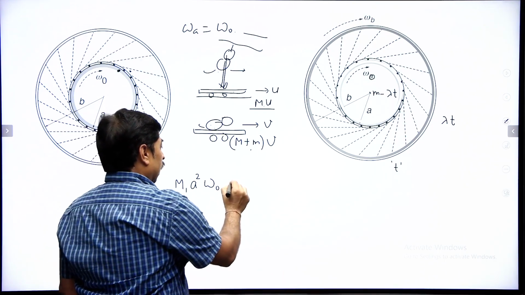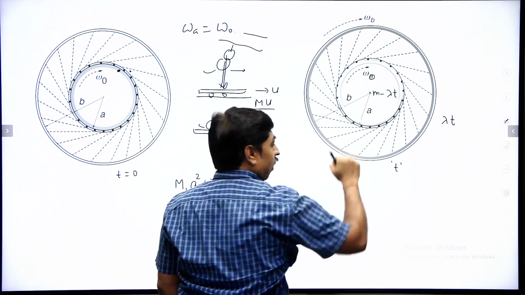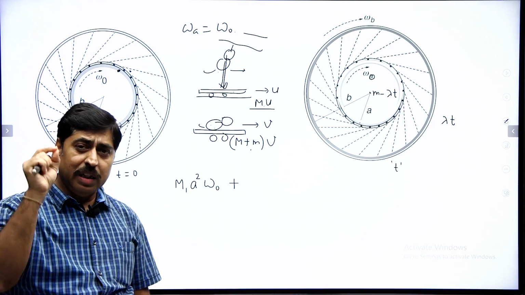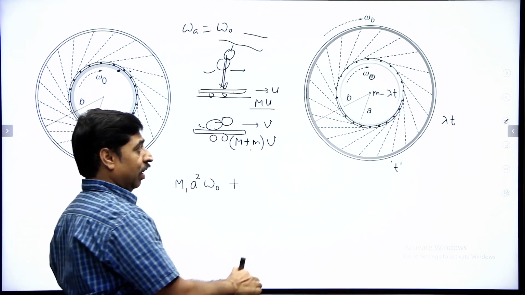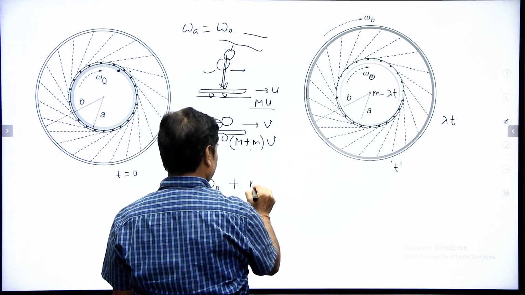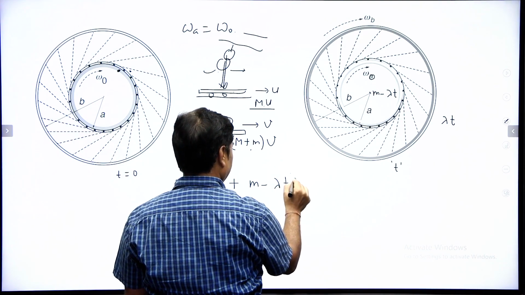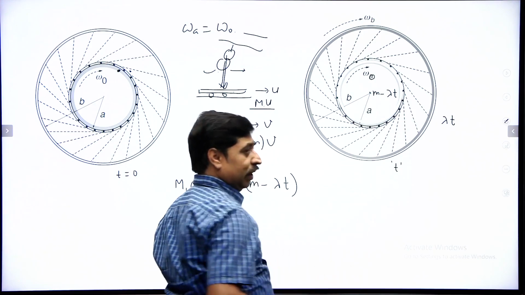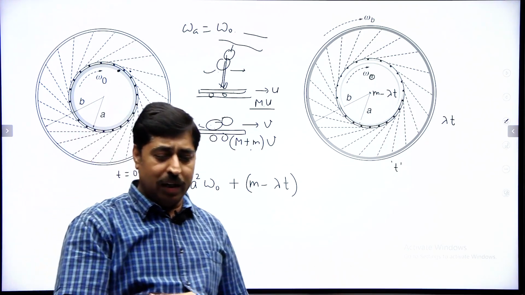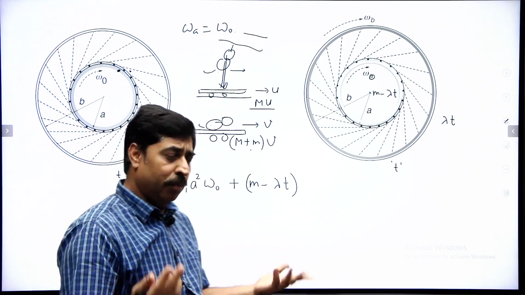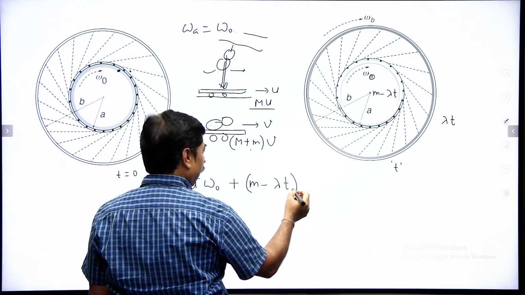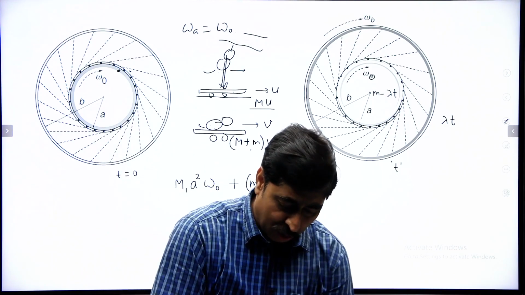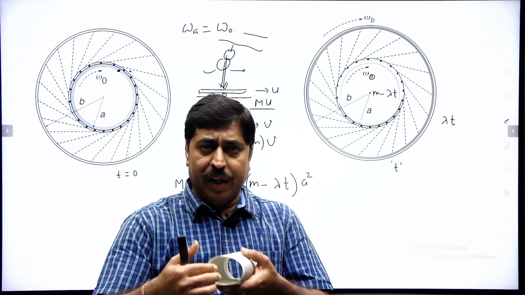Now there is some sand on the inner drum, right? How much sand is there on the inner drum right now? M minus lambda t. Because this sand is spread uniformly on the surface of the drum, the sand is also a kind of drum only. So its moment of inertia will be m into a square. The layer of sand is also forming a drum of radius a only.